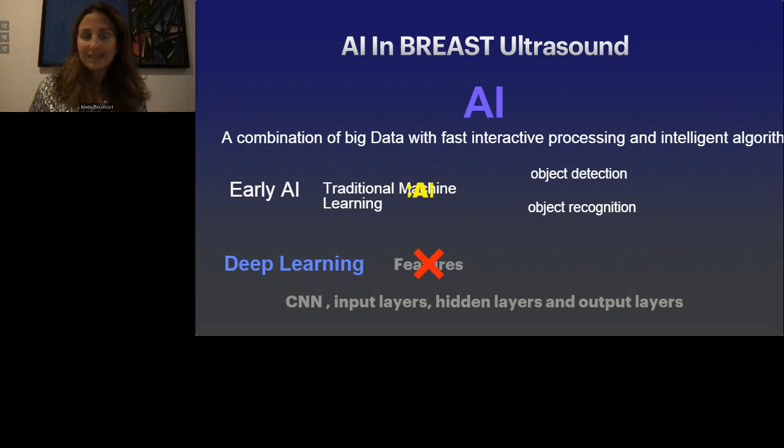So CAD is easy. We know how it works, so we know how to deal with it. Deep learning is more complicated. It's very performant. It can analyze patterns beyond human recognition, but we don't know how it works.